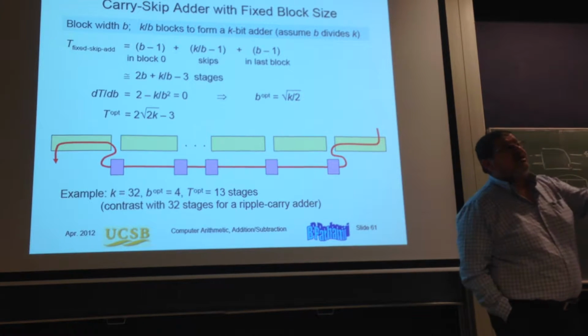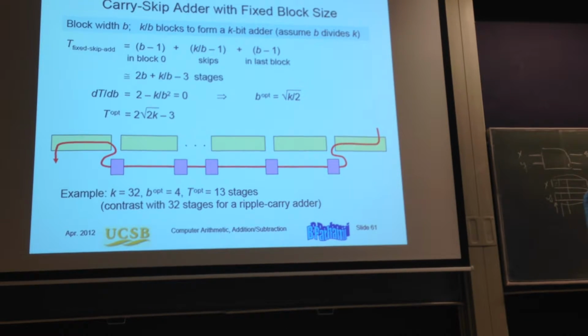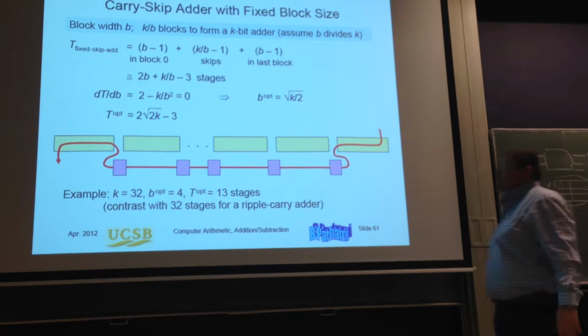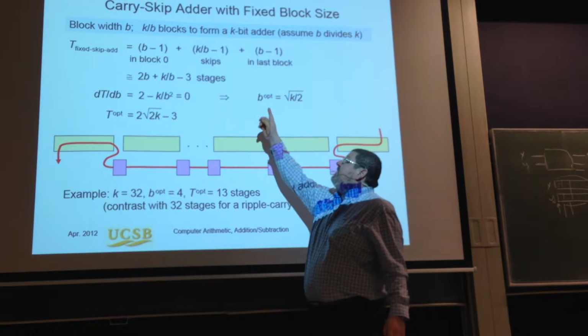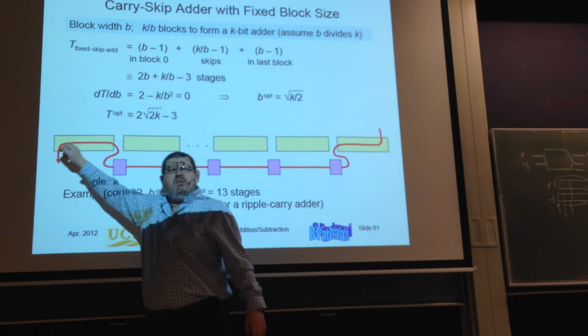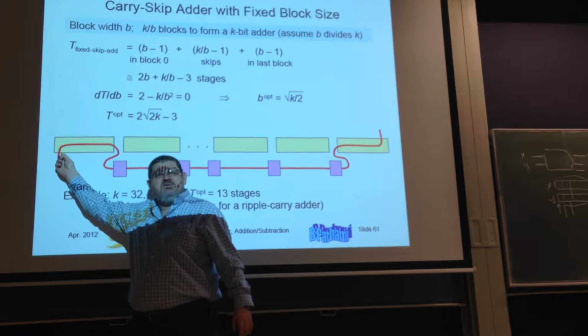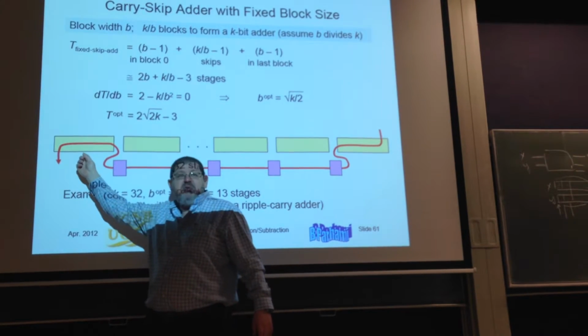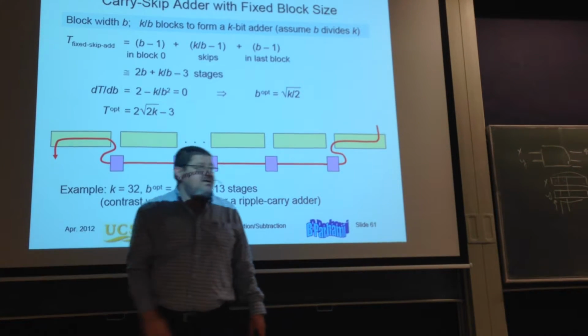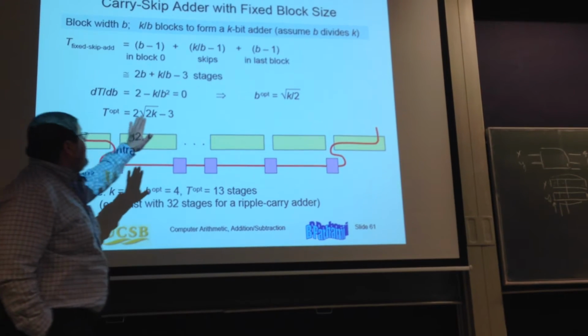Now if I divide my operand of k bits into blocks, where k is the number of bits and b is the width of the block, the number of skips is k over b minus 1, and then I will again have b minus 1 propagation within the most significant block. Not b, because if I have b, I go around. Then this is the worst case delay.